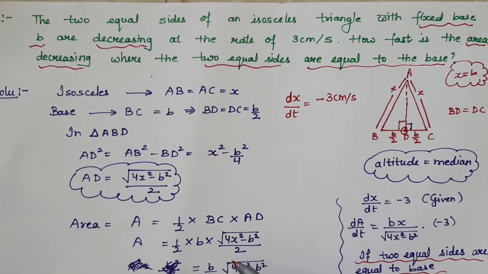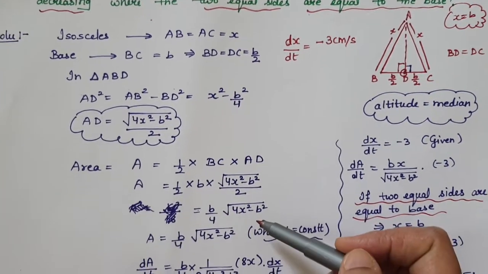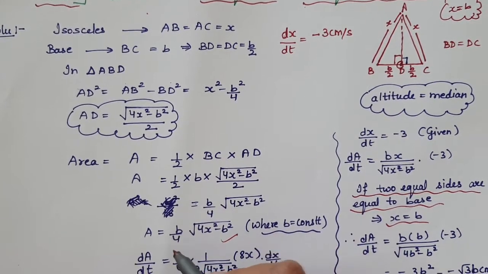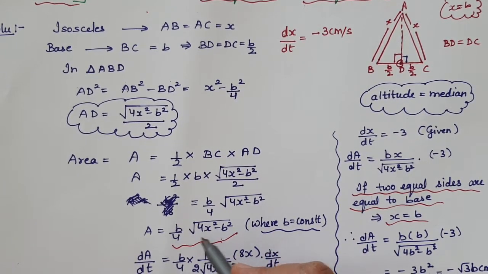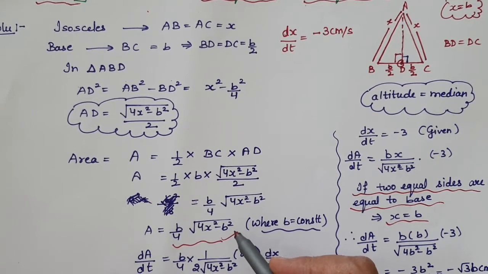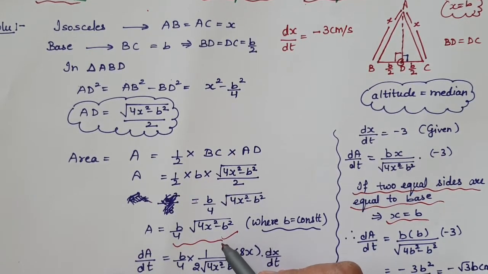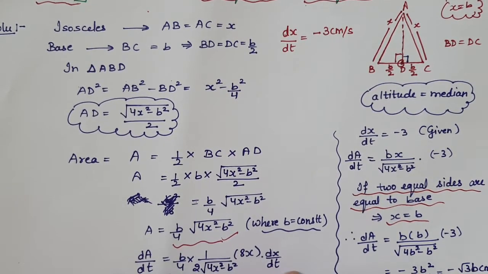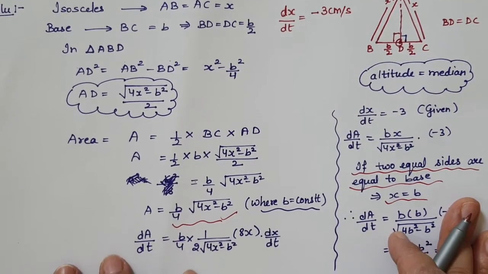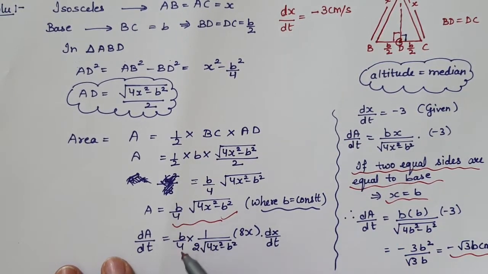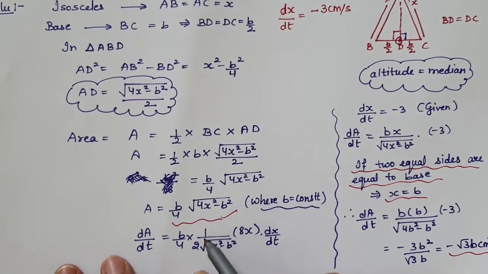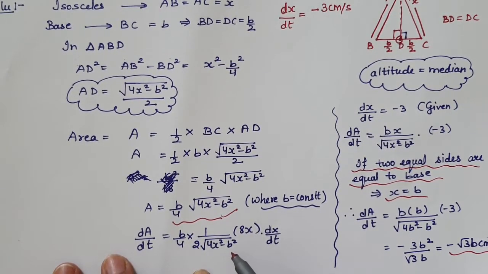After solving, I am getting A as b by 4 under root 4x square minus b square. So differentiate this whole equation with respect to t. Now when you differentiate, b will be treated as constant.